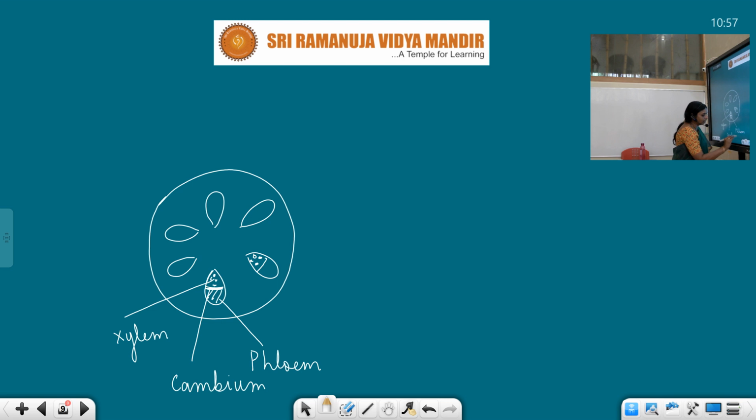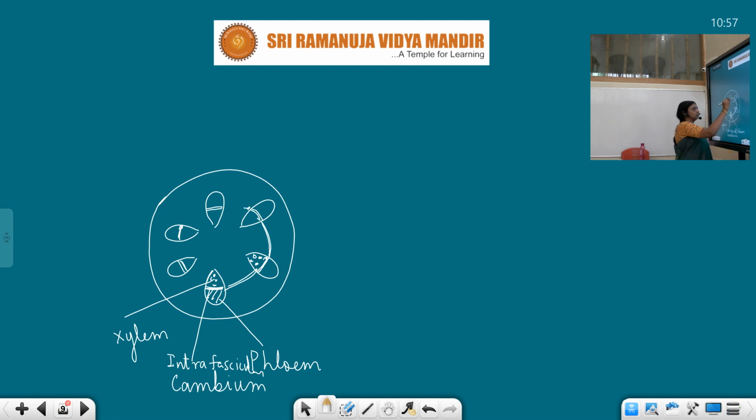Now this cambium is known as intrafascicular cambium. This intrafascicular cambium, which is present in between the xylem and phloem, becomes active, becomes meristematic, and forms interfascicular cambium.